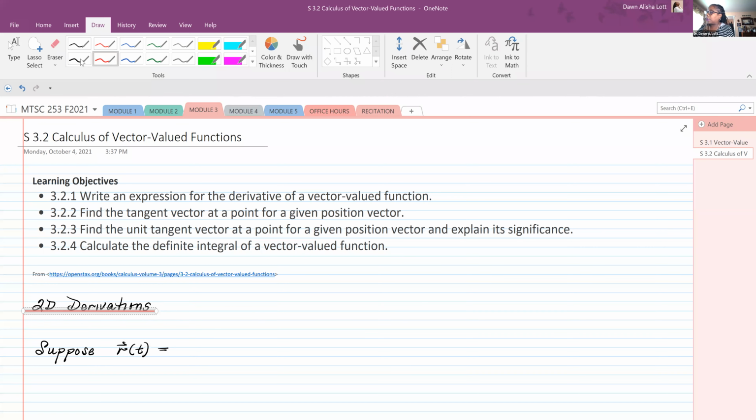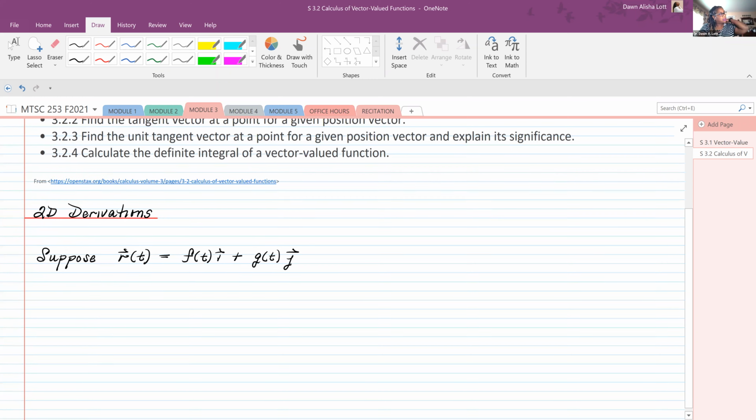All right, suppose r of t is equal to f of t i plus g of t j. This thing translates to 3 dimensions, but this is shorter and it doesn't take as long to do.